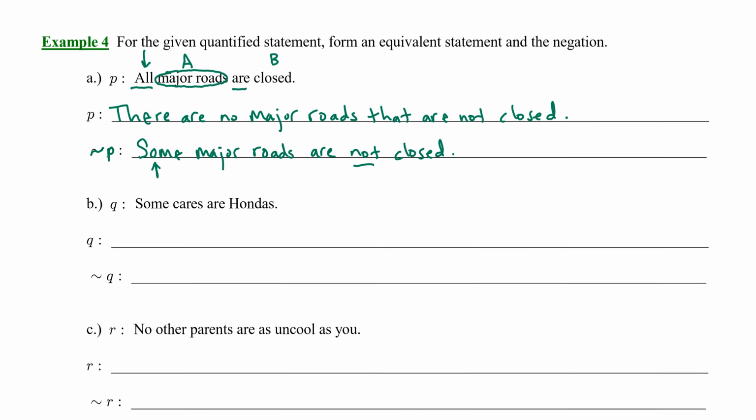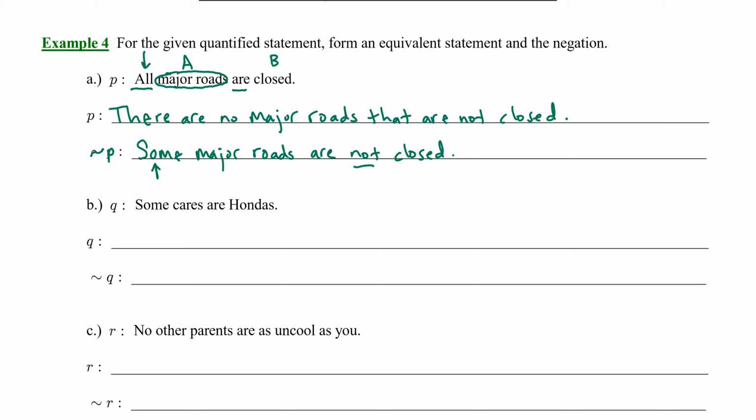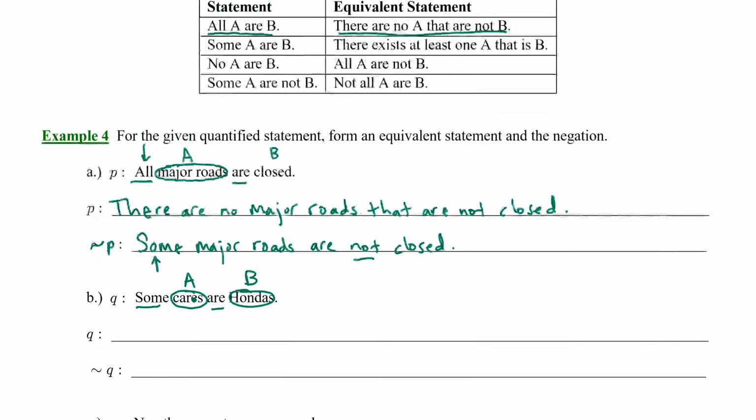Next example. Some cars are Hondas. We're going to represent that entire simple statement with the variable Q. Some cars are Hondas, sorry about my typo. We could say this is some A are B. We want to form an equivalent statement.